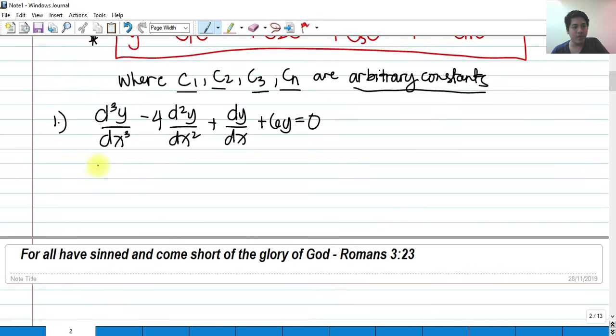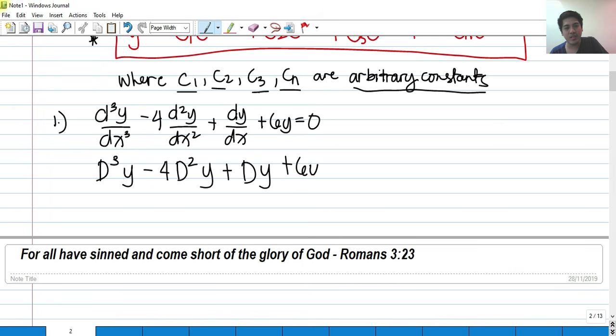So we can substitute this as d cubed y minus 4d squared y plus dy plus 6y is equal to 0.